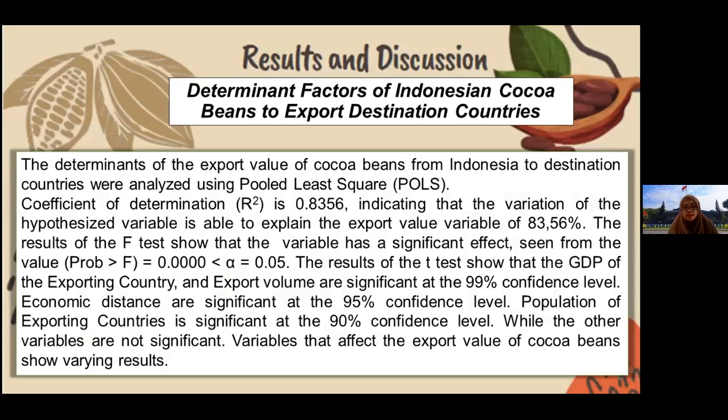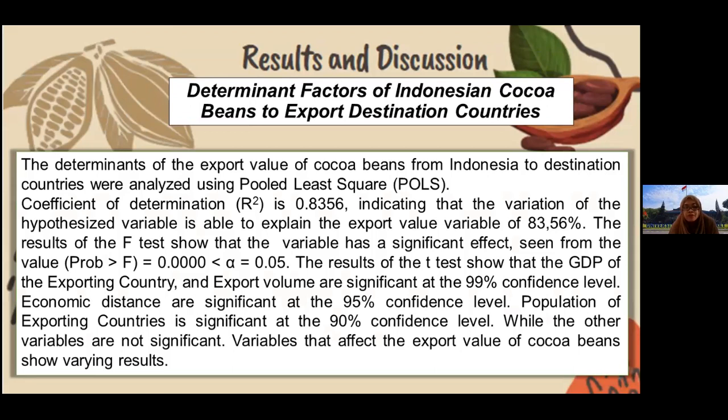Next, the result and discussion about the determinant factors of Indonesian cocoa bean exports to the destination countries. We use pooled least squares, or PLS, and the R-squared is 83.56%.